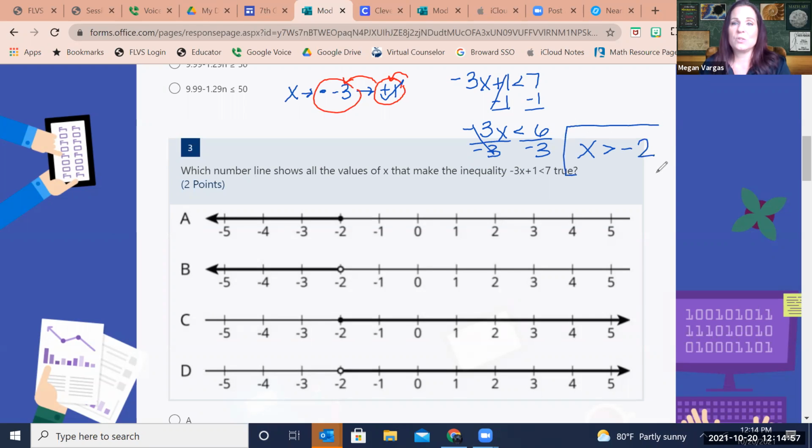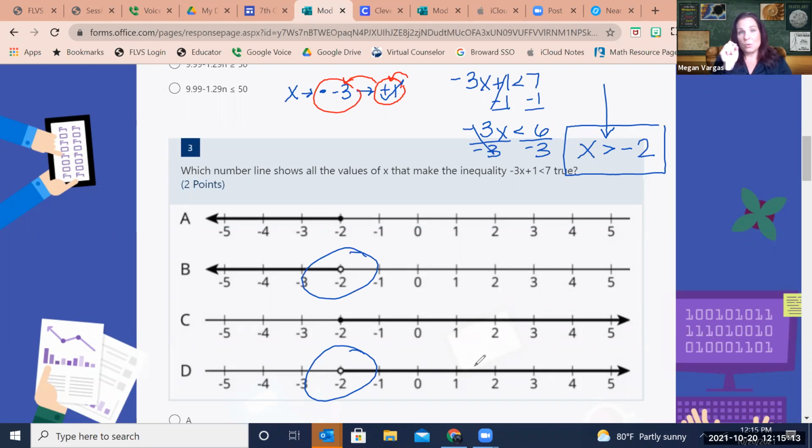So here's my solution. I look for the graph that does not include negative 2, which means it's either this one or this one. Those do not include negative 2.